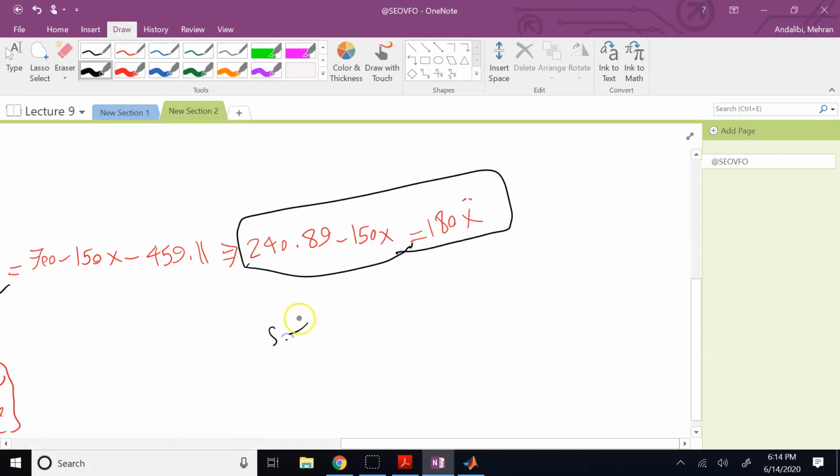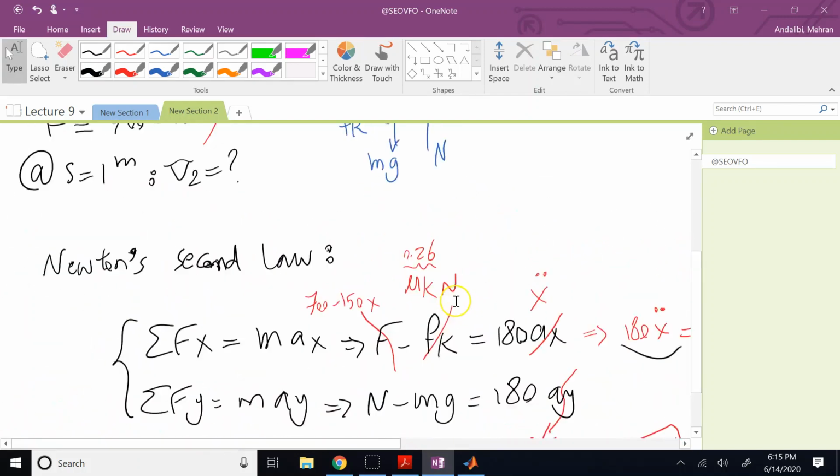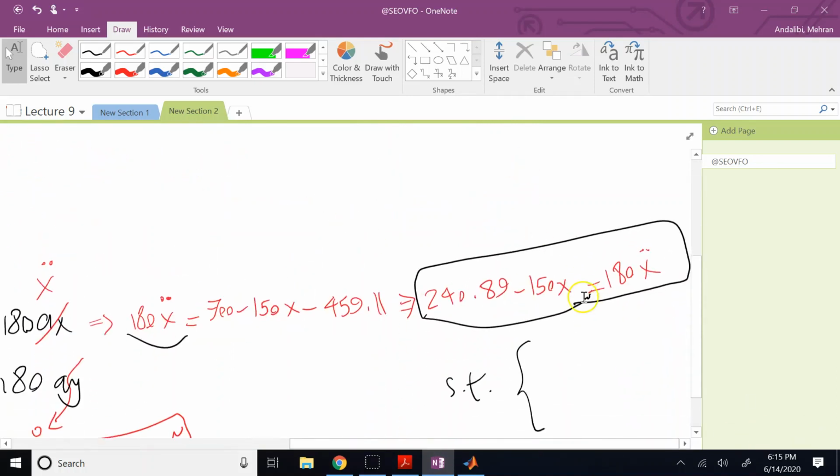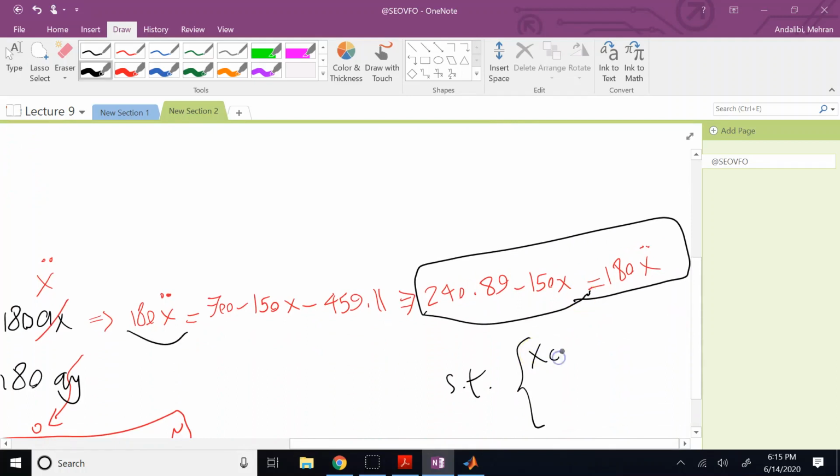And again, this is subjected to initial conditions: at time 0, S is 0 and V is 0. So x at 0 is 0 and x dot at 0 is also 0. Then you can solve this differential equation, find the answer, and it gives you x versus time.